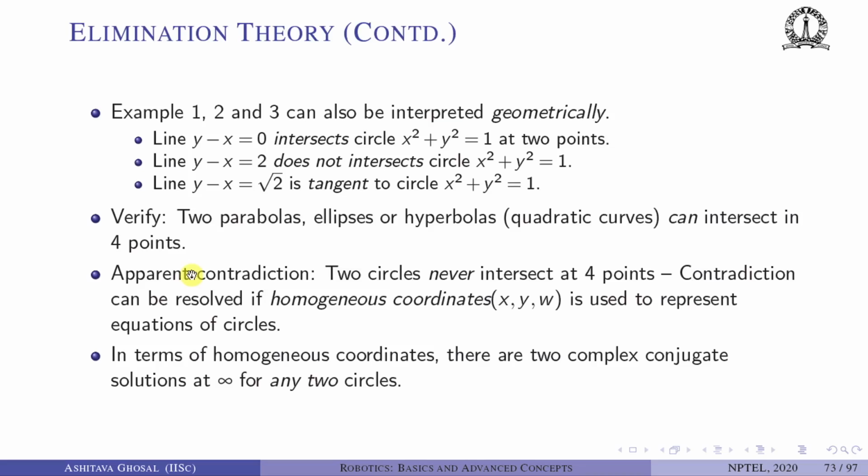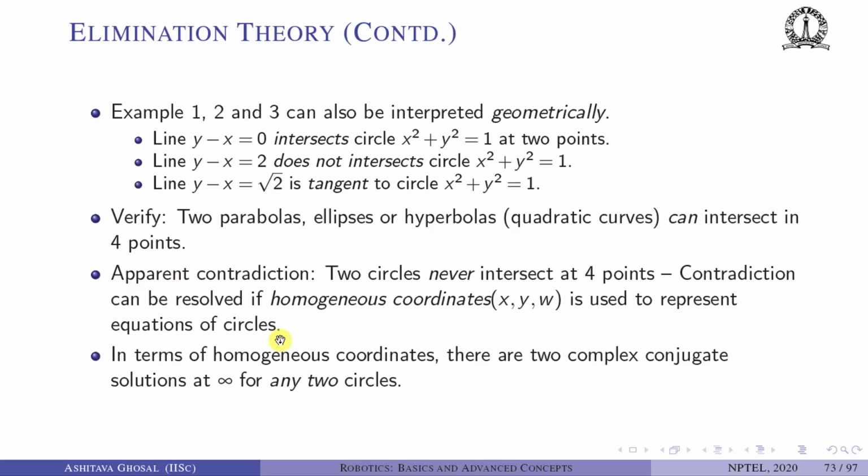The circles are quadratic, but they never intersect at 4 points. This contradiction can be resolved if homogeneous coordinates x, y, w are used to represent the equation of the circle. Remember, we had this homogeneous transformation matrix where we added a 1. In terms of a generalization of that, we could have added an equation w equals w.